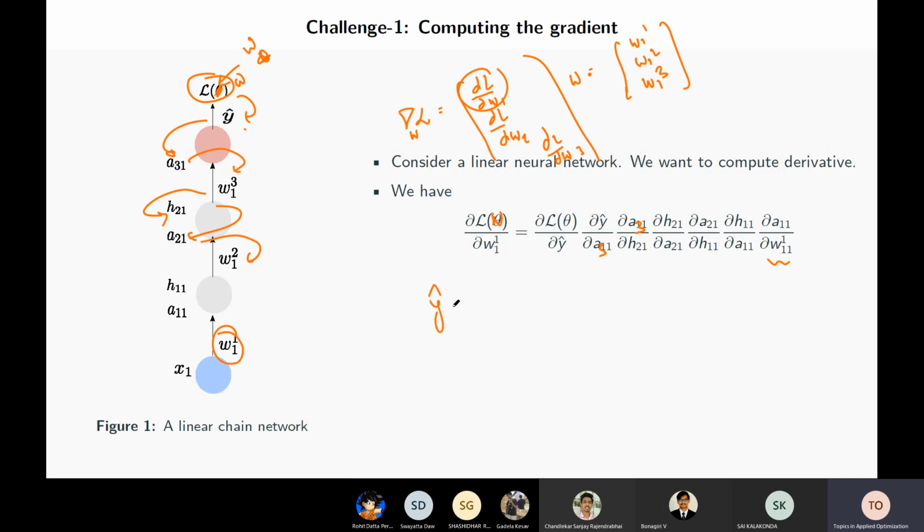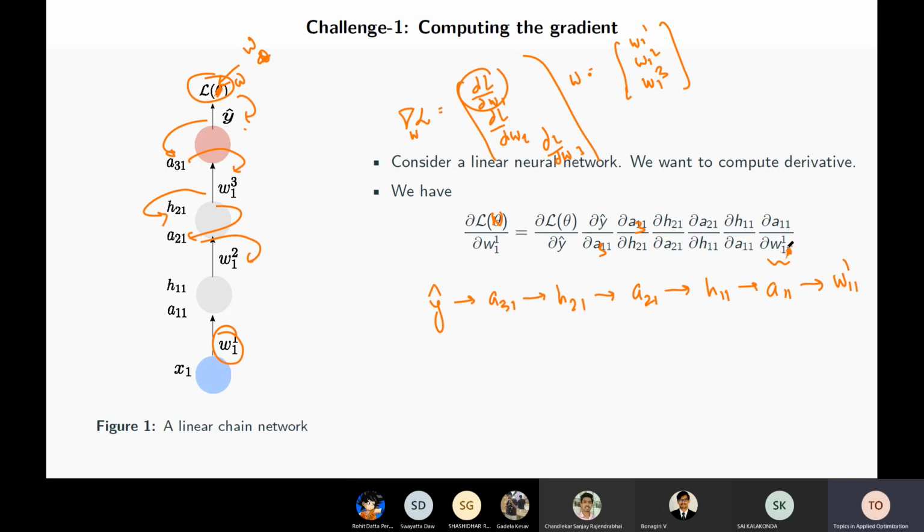So y hat as a function of a31, a31 as a function of h21, h21 as a function of a21, and a21 as a function of h11, h11 as a function of a11, and a11 contains w11.